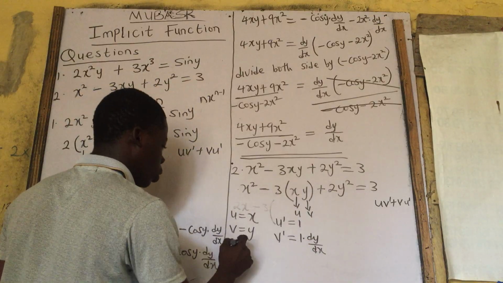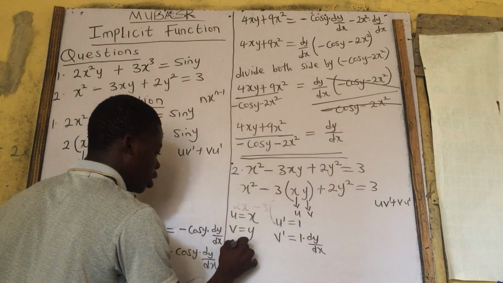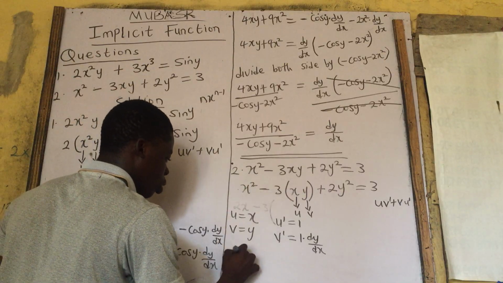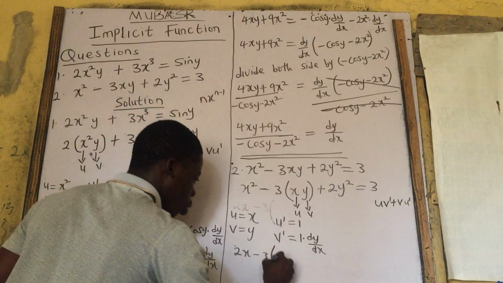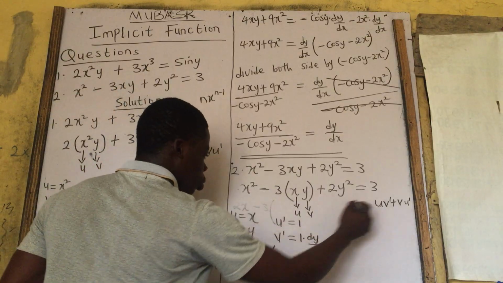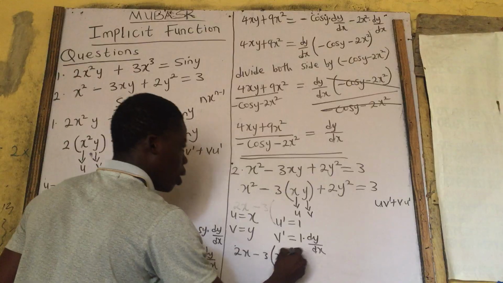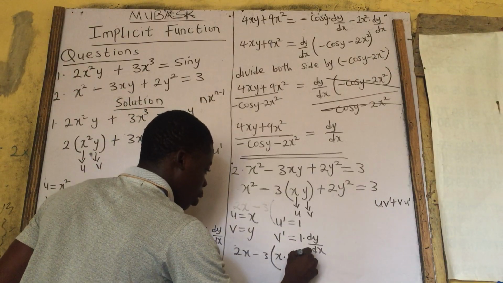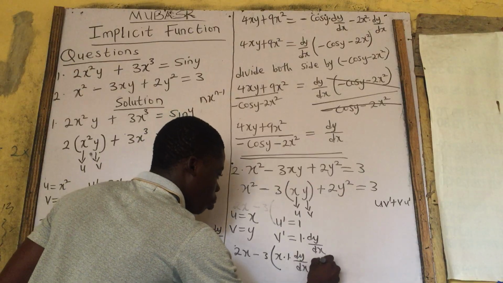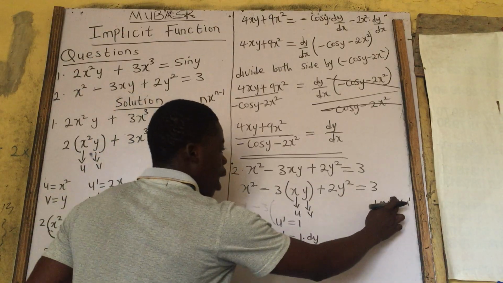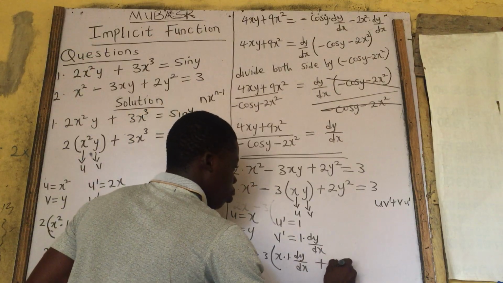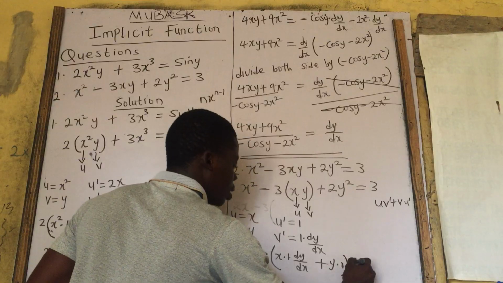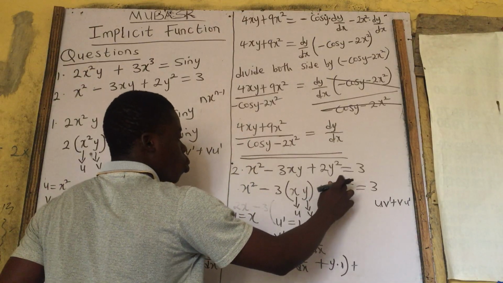Now by substituting into it, differentiating x squared will give us 2x minus 3 open bracket. Our u is x multiplied by our v prime, which is 1 multiplied by dy over dx, plus our v, which is y, multiplied by our u prime, which is 1, close bracket, plus 2y squared.